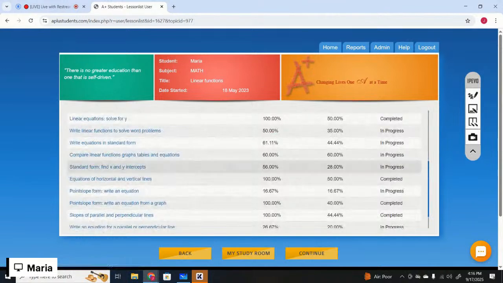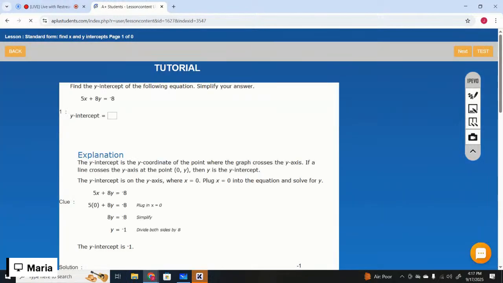Standard form, find x and y intercept. Okay, find the y intercept of the following equation. 5x plus 8y equals negative 8.